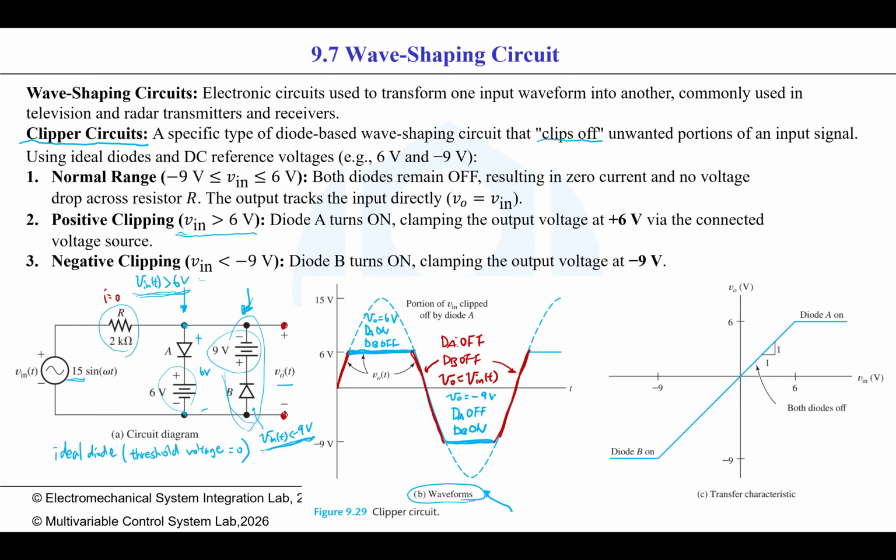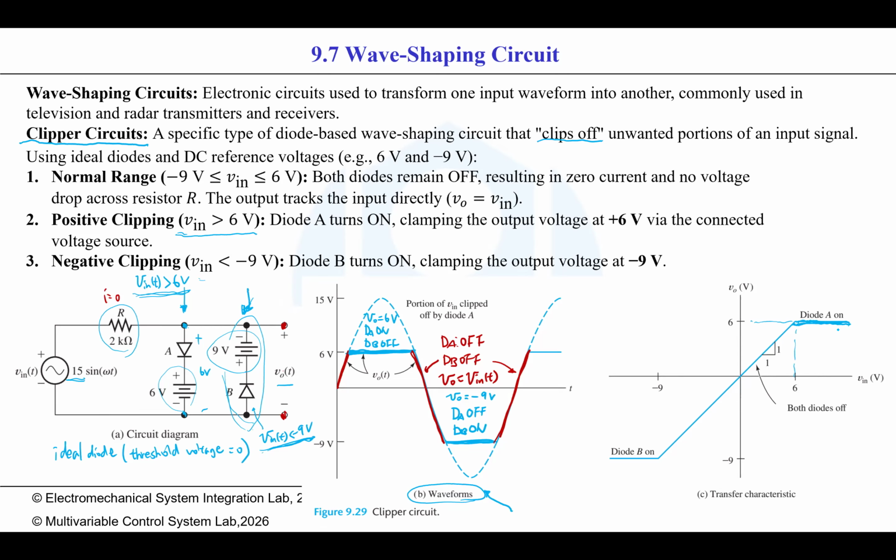If we draw the relationship between the input voltage and output voltage, we find that if the input voltage is larger than 6, the output voltage VO will be fixed at 6 volts.